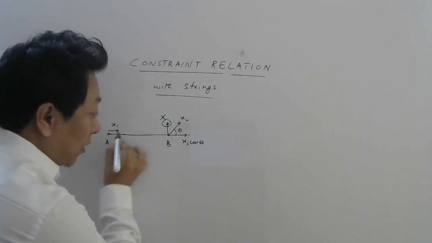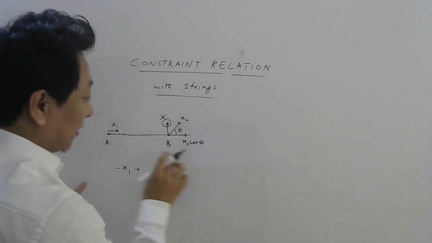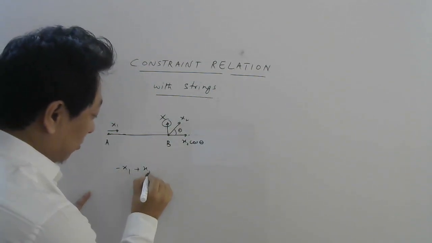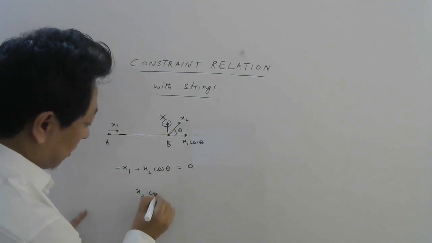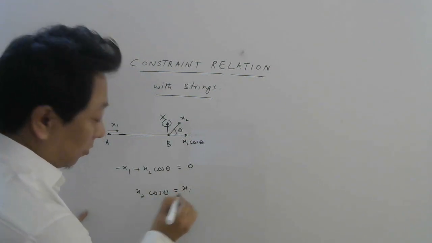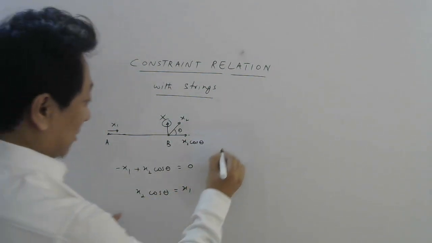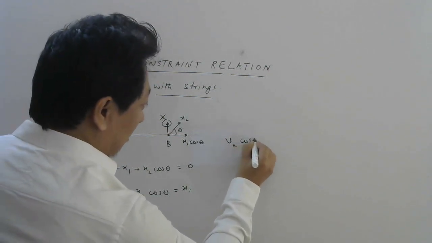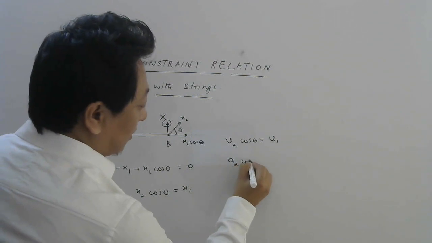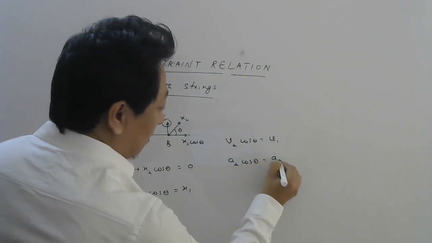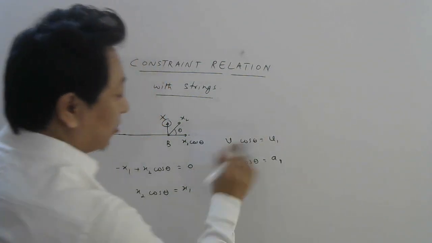So the displacement which is trying to increase the length along the string is x2 cos theta. So the total change should be 0. So x2 cos theta should be equal to x1. Then you can take the same relation for velocities, right, by taking differentiation on both sides, and the same relation for acceleration by taking differentiation of this equation on both sides.